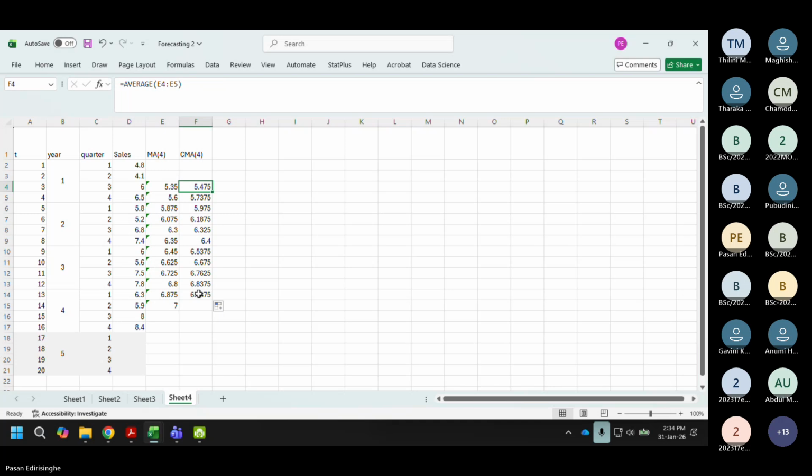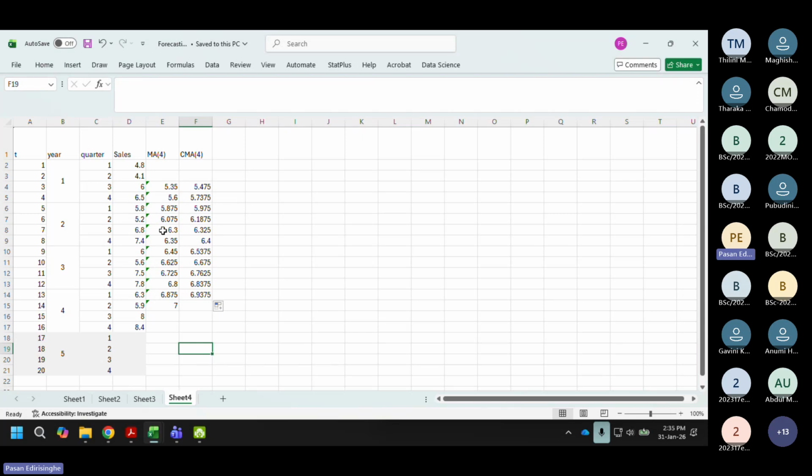4.5. Yeah, so it is the average of these two. So that's our centralized moving average value. That means now we know that this is representing this number here, and this number here, and so on.